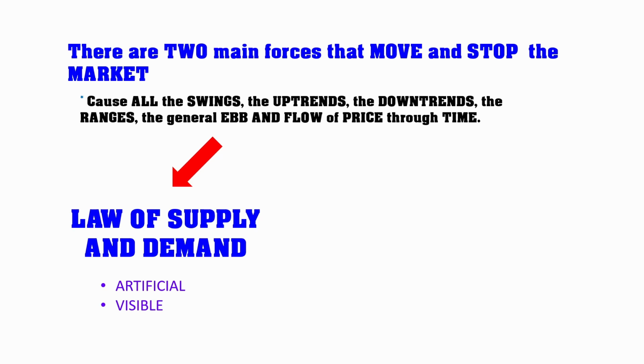We can see easily how it operates in the markets due to volume. When big institutions enter or get out of the market in a certain underlying asset, we see how this affects price.